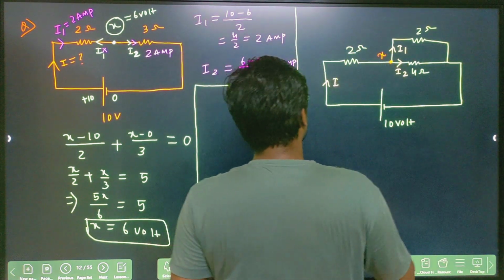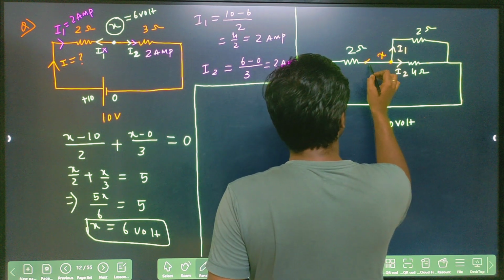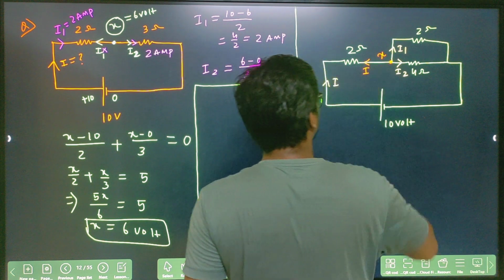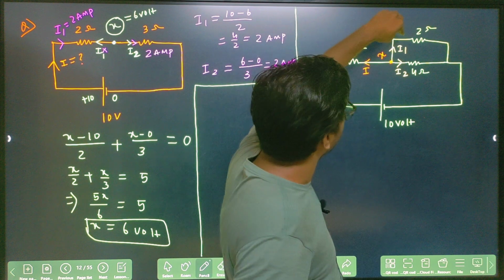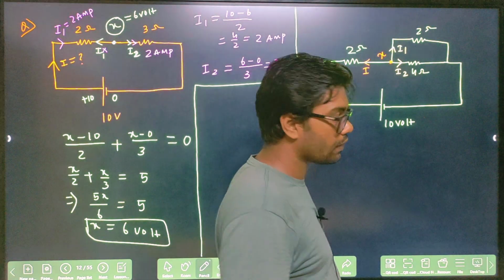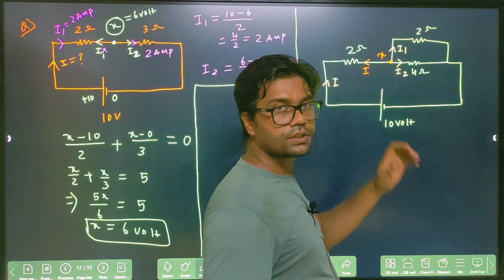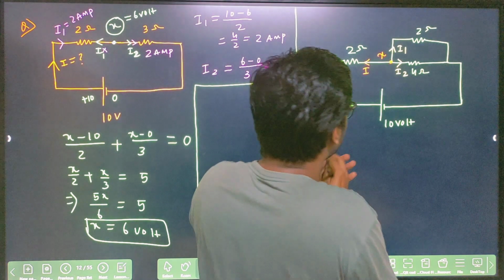Right? So you will say that here the current is flowing I. Because here I1, this is I2, this is your I. Clear? So this much current is flowing outward of this junction. By KCL, we are applying the KCL only.